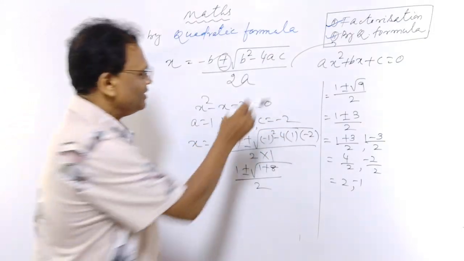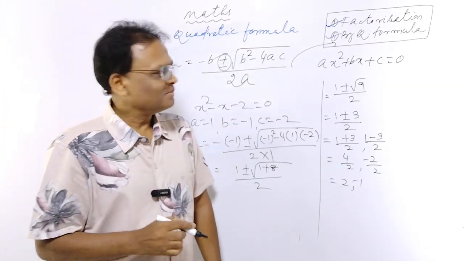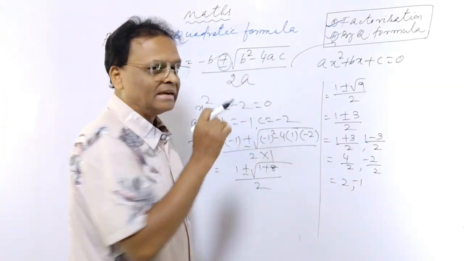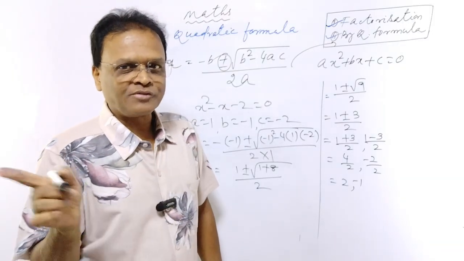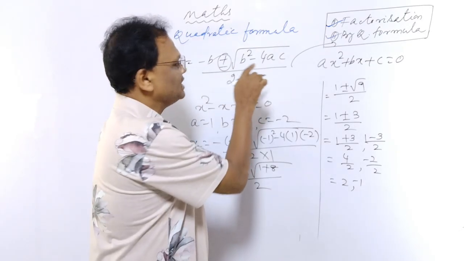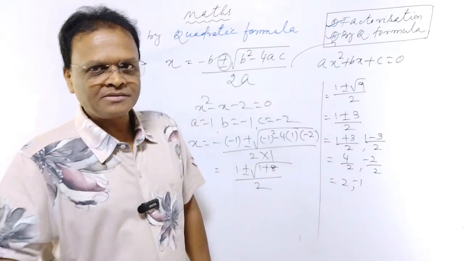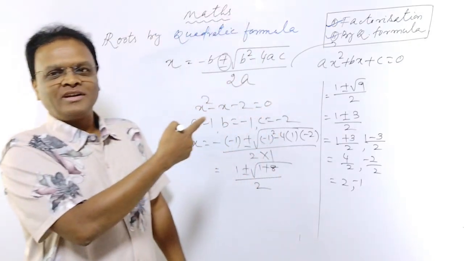As I told you, this b square minus 4ac, what is this? This is a deciding factor of the roots, and this is called the discriminant. I told you, D stands for the discriminant. So D is equal to what? D is equal to b square minus 4ac. And D is nothing but the DNA of this quadratic equation.